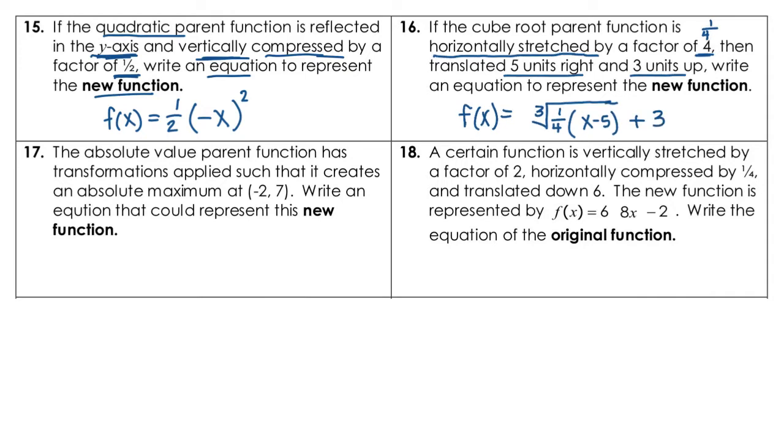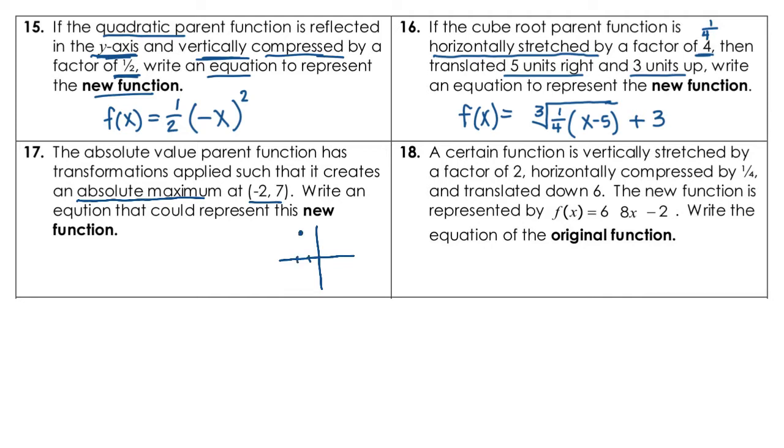All right, number 17, the absolute value parent function has transformations applied such that it creates an absolute maximum. So there's one of those major points that we've talked about at -2, 7. So a good way would be to sketch this. Notice it says at -2, 7. So we go up 7.